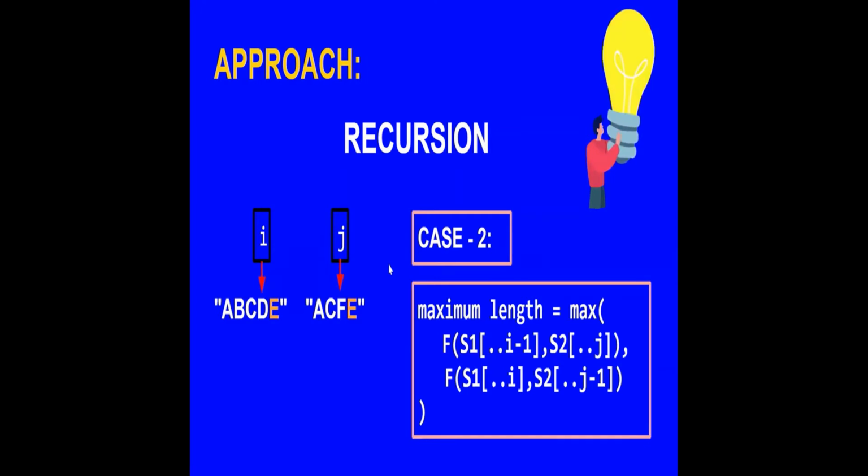So we calculate the maximum length by taking the maximum of both the cases, either skipping the character pointed to by the pointer i or skipping the character pointed to by the pointer j. So the recursive tree becomes like this.